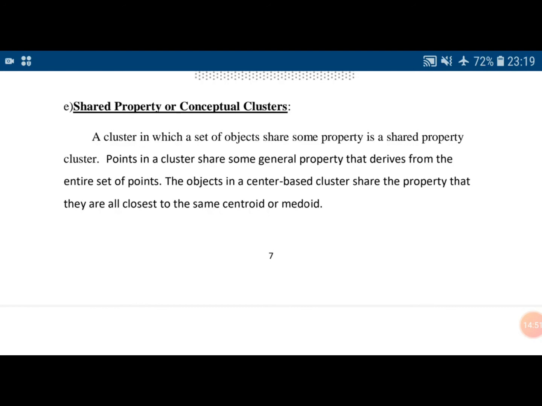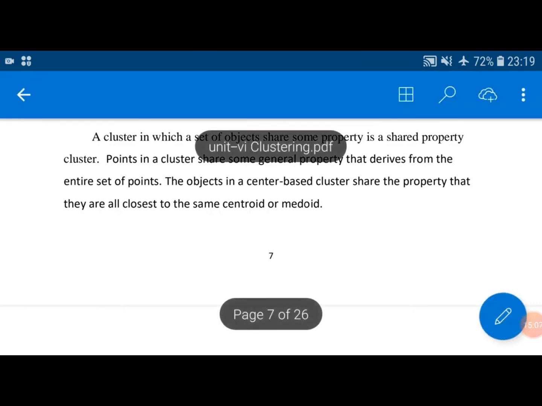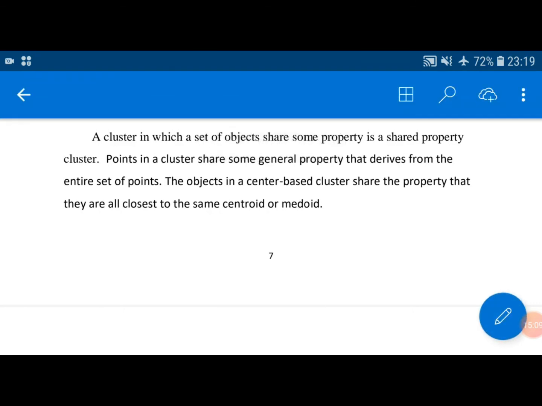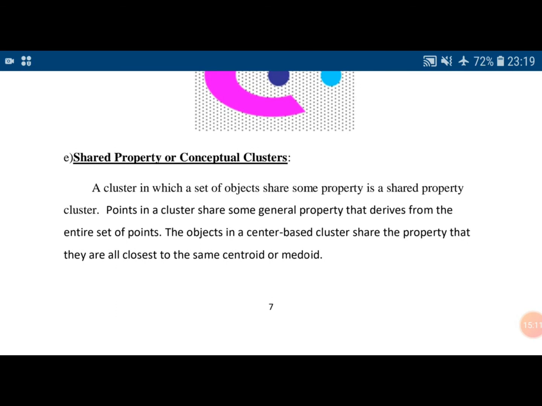If the entire region has 100 elements, the first cluster has 20 elements, the second cluster has 20 elements, and the third cluster has 20 elements, then the three clusters combined have 60 elements only. But in a shared property or conceptual cluster, each cluster takes or shares the properties of the entire region.